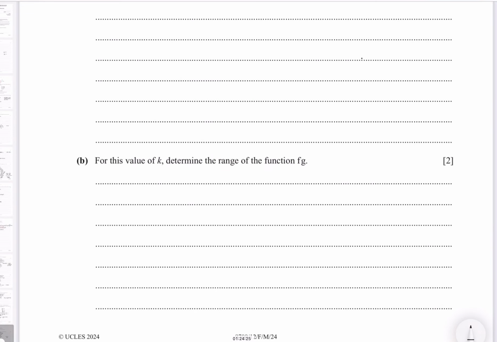Alright. For part B, for this value of k, determine the range of the function f of g. Now for f of g, you have to place the whole g of x into the function of f of x. So this will become like this: (3(5x minus 1) minus 2) whole square plus 8.